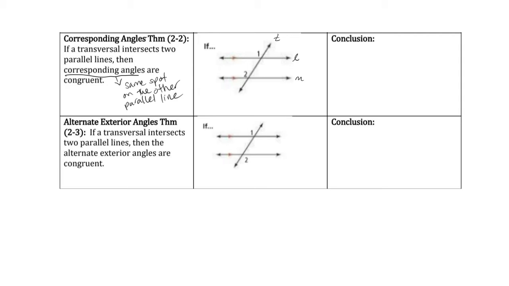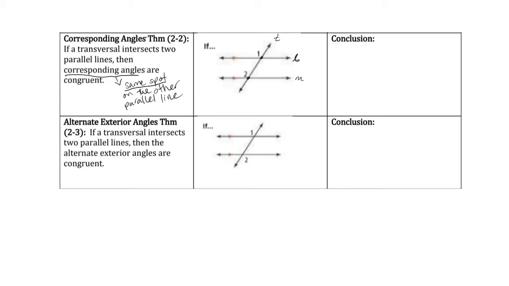So you want to find the location of the intersection of L and T and the location of the intersection of M and T. If it's in the top left of the intersection of L and T and it's in the top left of M and T, then that makes them corresponding angles. The intersections are those black dots I just made, where L and T cross and M and T cross. So if they're in the same spot or same location for the intersection, then they're corresponding angles.